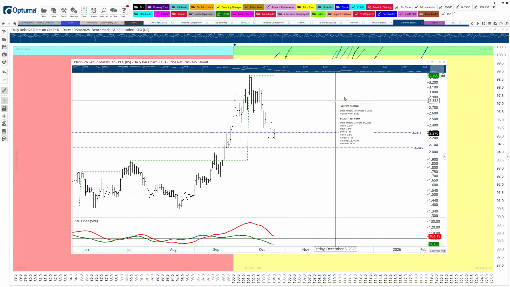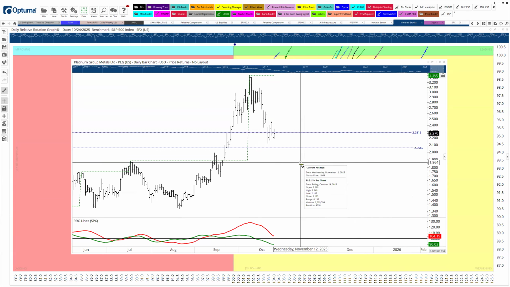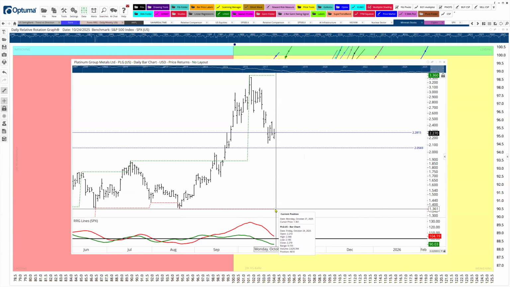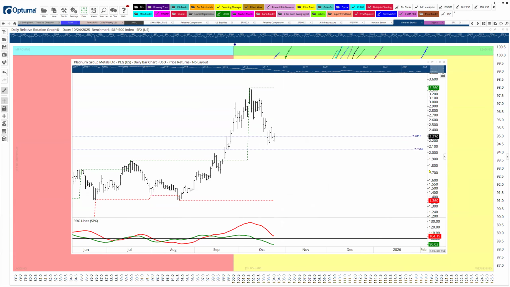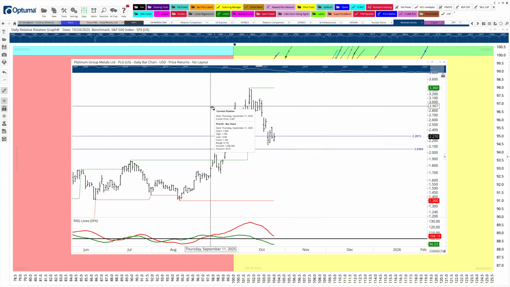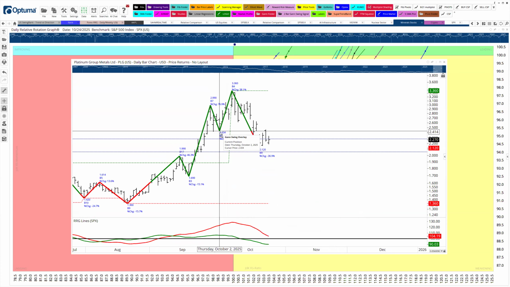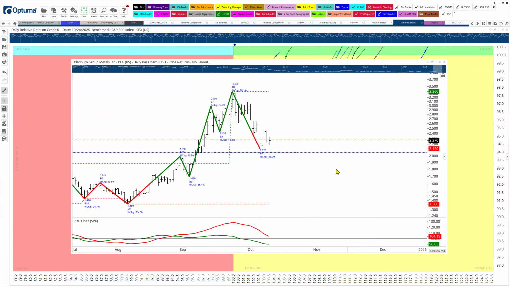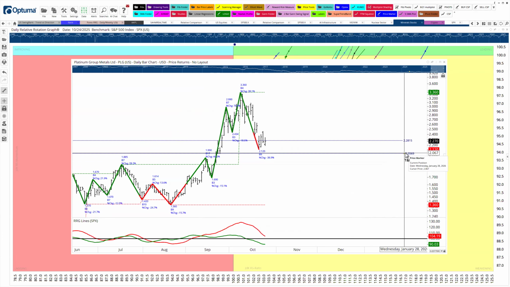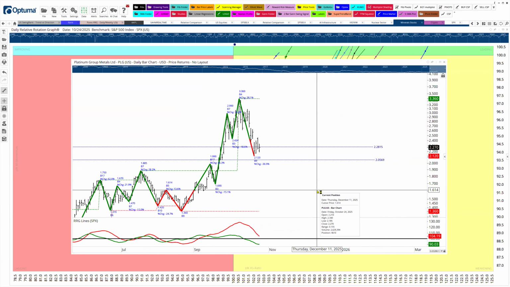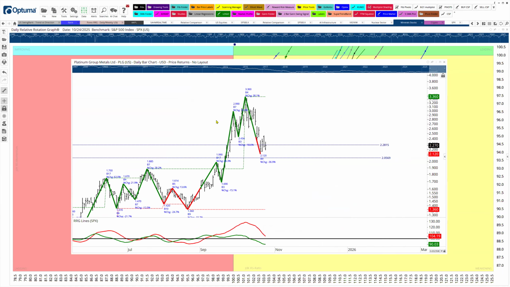I usually follow 20, but you see it's down here, way down here. This area should hold. So this is already gone. So mark this. That's the area to watch.